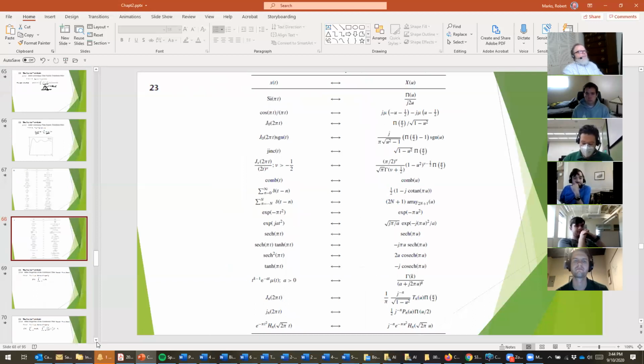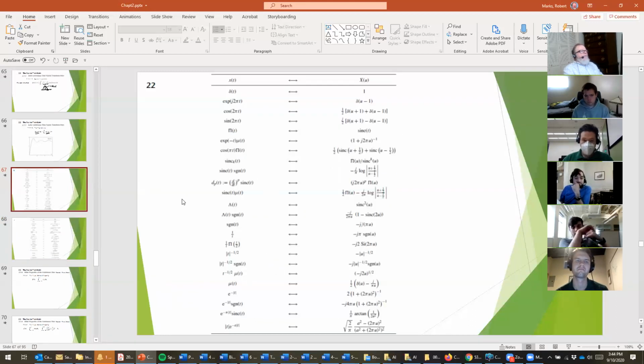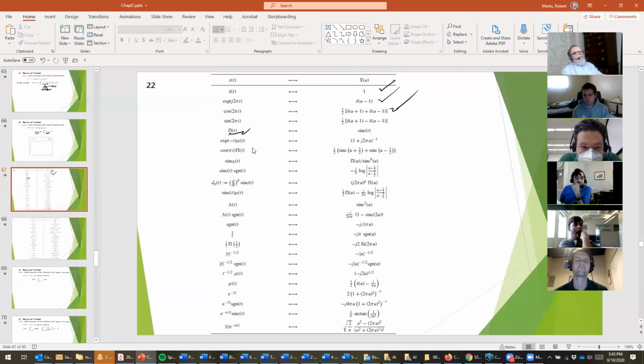We have things that we've seen before, like, for example, a delta function Fourier transforms to 1, a complex exponential transforms to a shift. We didn't go over this too much, but it turns out a cosine transforms to 2 delta functions, and the rectangle function Fourier transforms to a sinc, and a number of other ones.